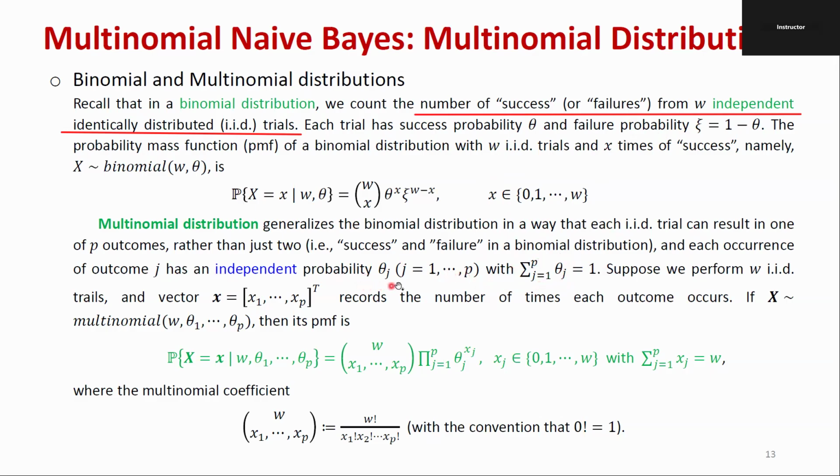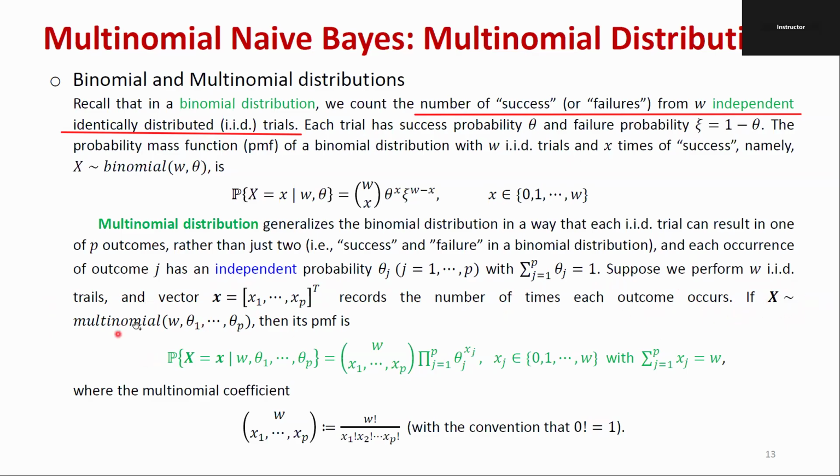To make it a valid probability distribution, I must have theta 1 plus theta 2, and so on, plus theta p equal to 1, right? So now we perform n IID trials, and I will use this vector to record the number of times each outcome occurs. And here's the PMF.